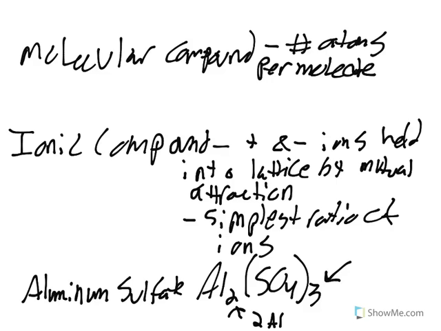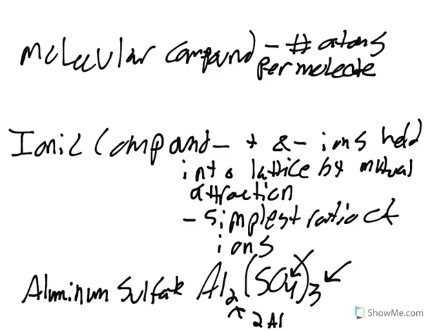The 3 here, outside the parentheses to the right, refers to how many of this combination inside the parentheses there are in the ratio to the aluminum. So, in this case, there are 3 sulfate ions for every aluminum ion, sulfate being SO4. The 4 here, subscript, means that in every sulfate ion there are 4 oxygen atoms.